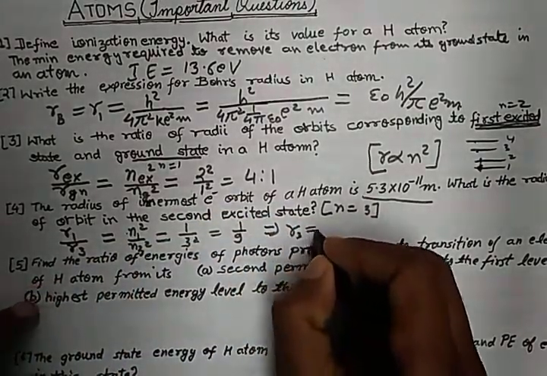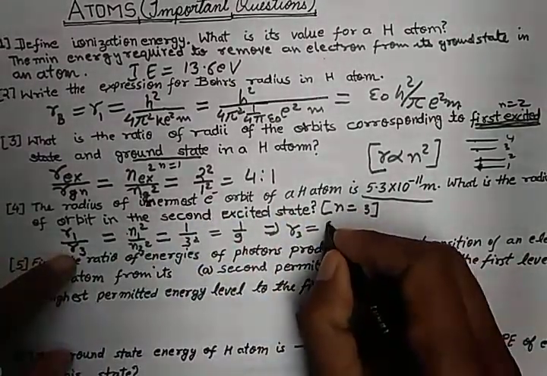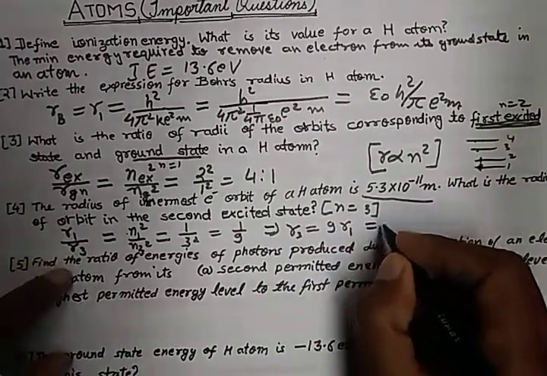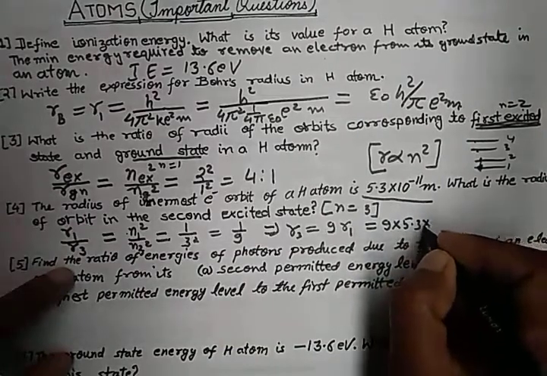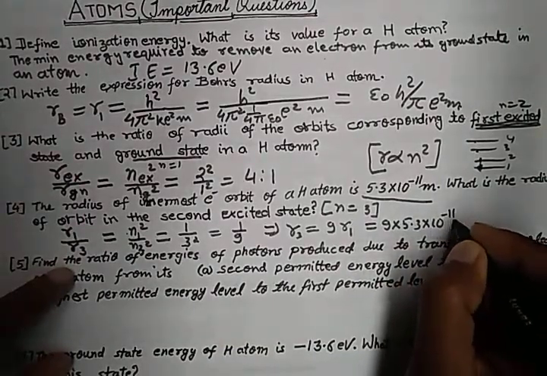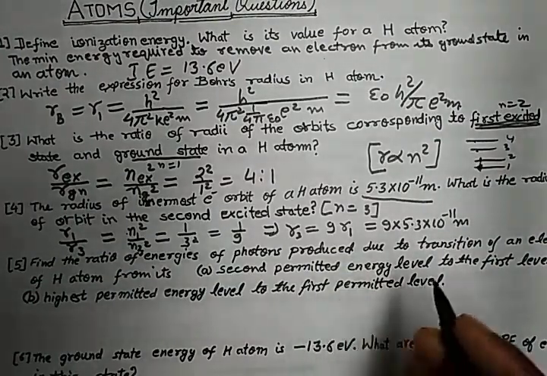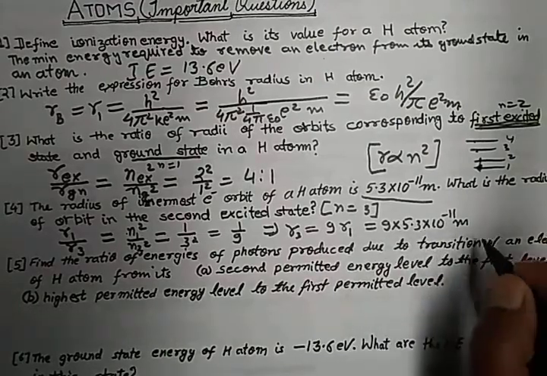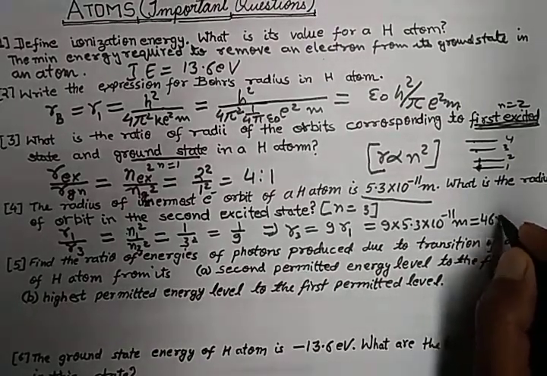So r3 will be 9 times r1, so that is 9 times 5.3 into 10 to the power minus 11 meter. I think you can do the calculation, or if I have to do it, 9 5s are 45, but 46, so it will be 46.